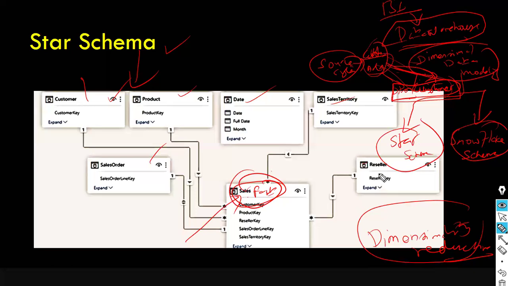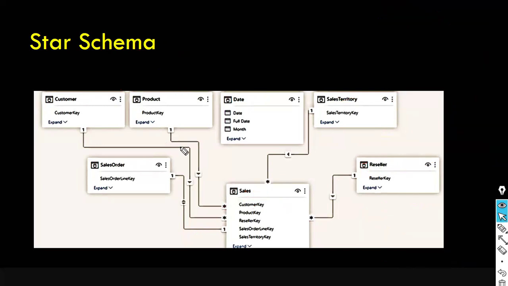Reseller is like the salespeople, like on Amazon, the resellers who go and sell the product on Amazon. So, who are the top 10 resellers in terms of sales or units sold? Since you have the relationship created between these tables, you can create a report like this. Since the sales fact table is surrounded by multiple dimensions, it looks like a star schema.